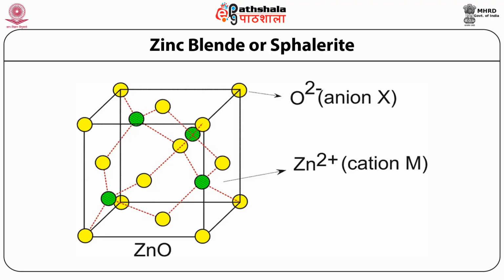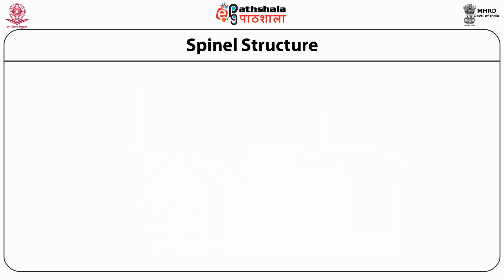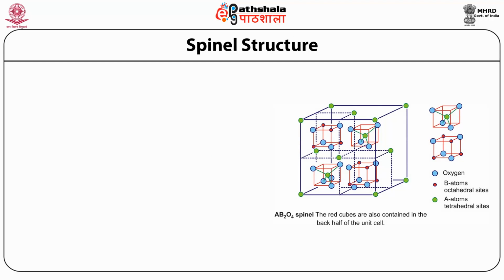Moreover, the tetrahedra are shared at the corners in zinc blende structure. Now the last structure which we are discussing in this module is spinel structure. The spinel structure has a formula of A2+ B3+ whole square O4, or we call it AB2O4.